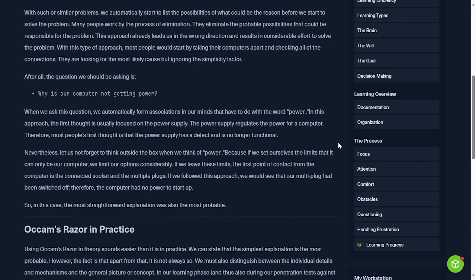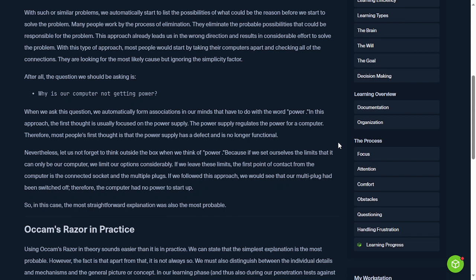With this type of approach, most people would start by taking their computers apart and checking all of their connections. They are looking for the most likely cause, but ignoring the simplicity factor. After all, the question we should be asking is, why is our computer not getting power?